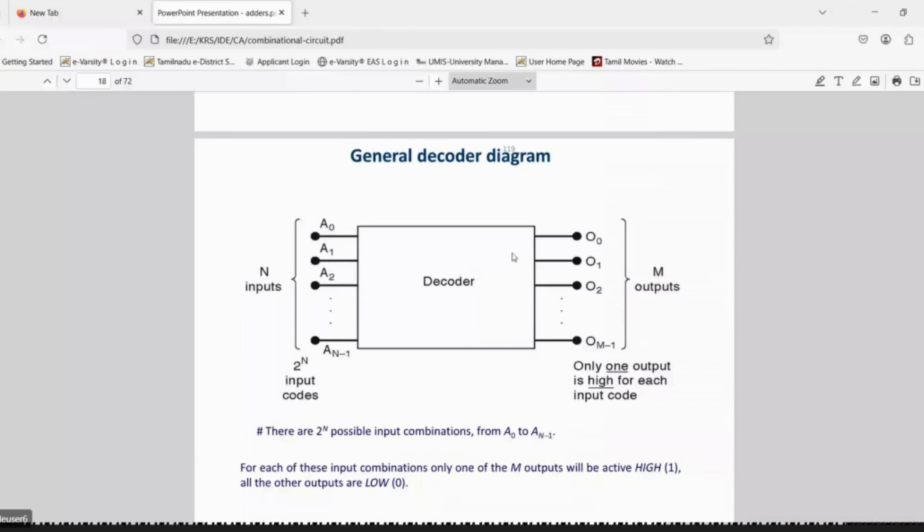So the general decoder diagram is a block diagram. There are n input lines and M output lines.